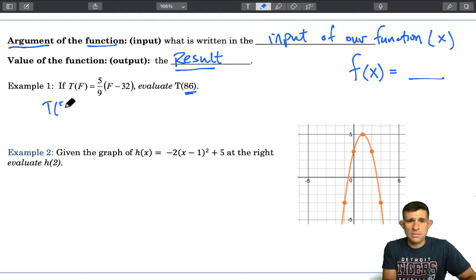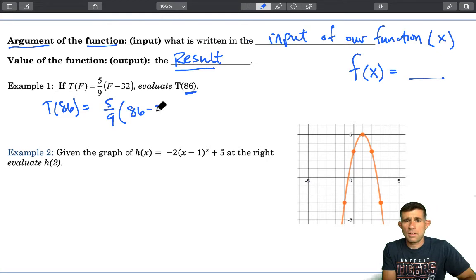So we write t of 86 is equal to 5/9, and now we're going to substitute 86 in for f. In other words, it is our input. All right, so 86 minus 32 is 54.